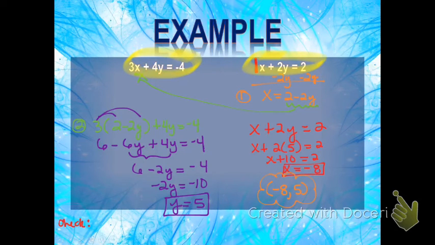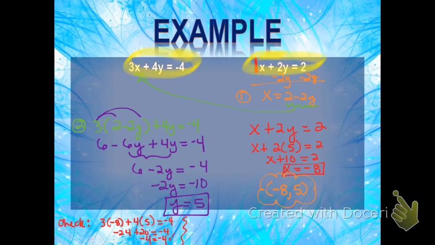So in my original problem, the 3x would become 3 times -8. The 4y would become 4 times 5. And I want to simplify that to see if I get -4. And I do. So that checks out for the first equation, and I also need to check it for the second equation.